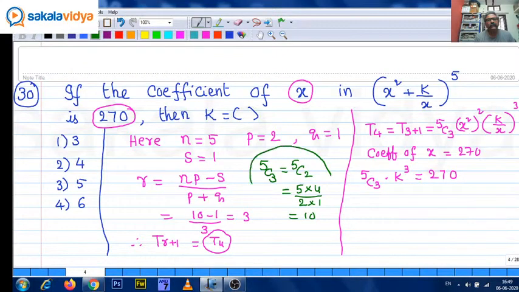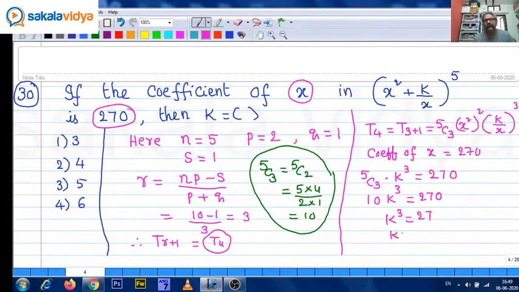So you remember this value. Now you can write 10 k cube is equal to 270. K cube is equal to 27. K cube is equal to 3 cube. Therefore k equals 3. That means the first option is the right option.